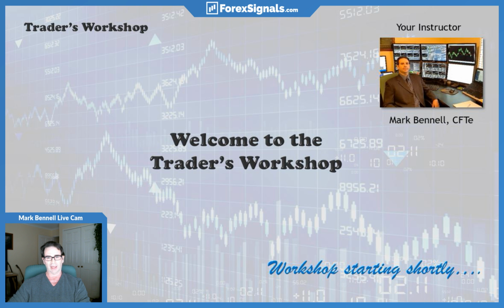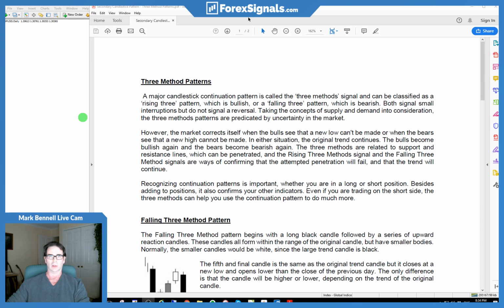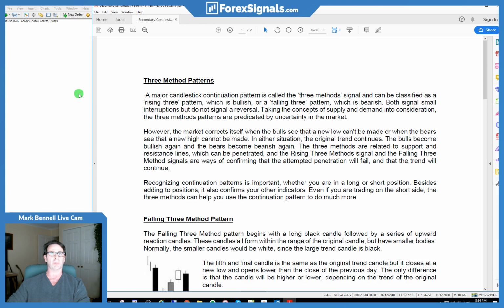Now, it is one of the secondary candlesticks, but it is only that because it doesn't appear as often as it should, as often as some of the major candlestick patterns. So the candlestick pattern that we're going to look at is called a three-method pattern. Now, bit of an unusual name.